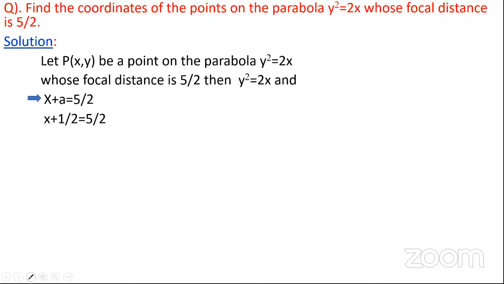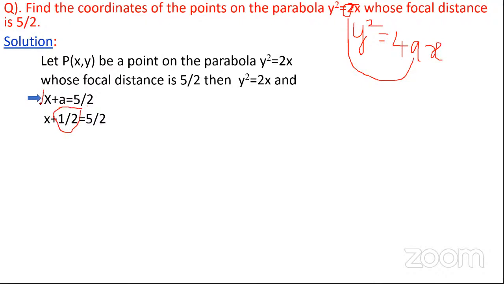Comparing the given parabola with y square equal to 4ax, we'll get 4a is equal to 2, from which a is equal to 1 by 2. Substituting that value, a is equal to 1 by 2.